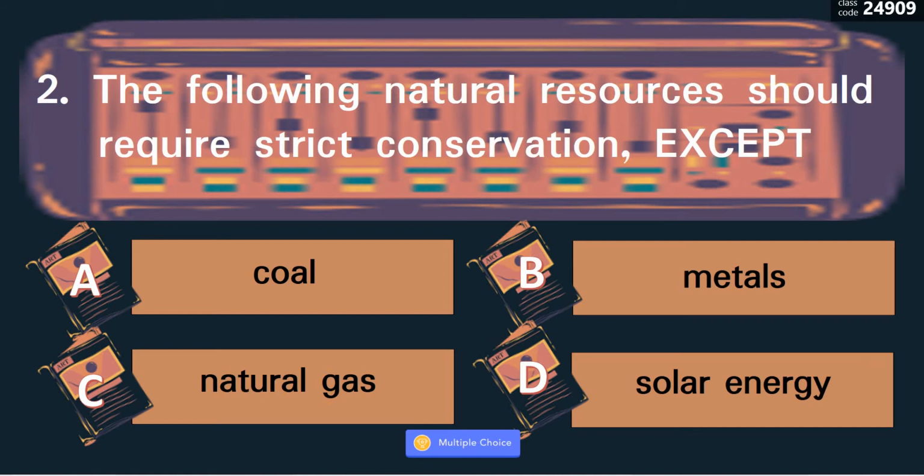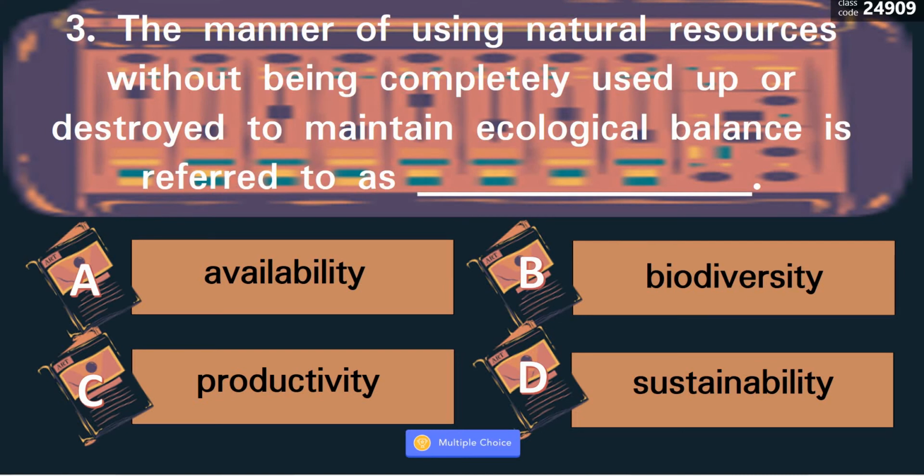Following natural resources should require strict conservation, except. Is it A, coal? B, metals? C, natural gas? Or D, solar energy? Indeed, you're correct, and that is letter D, solar energy. Number 3 question.